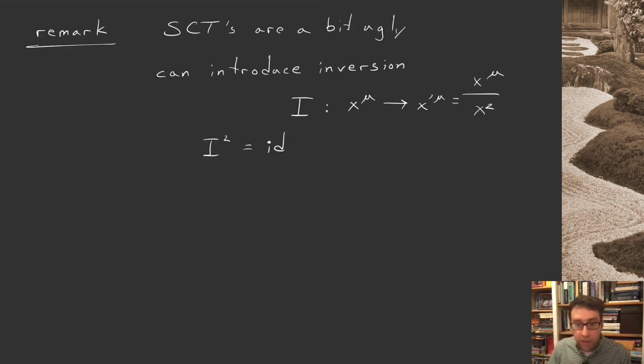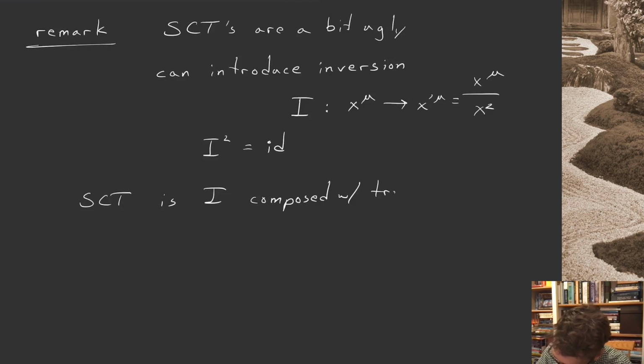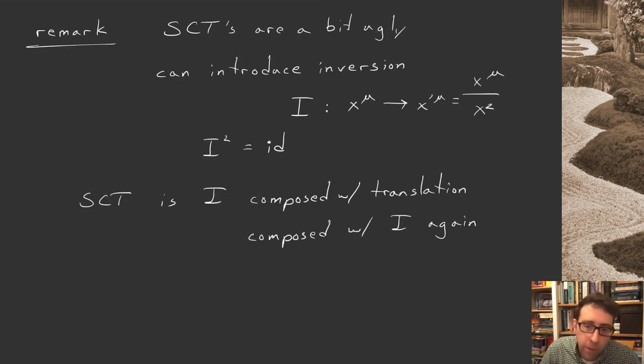So you don't get anything new after you apply it once. And these special conformal transformations can be written a bit more simply: it's I composed with translation, composed with inversion again. So that's a slightly nicer way to think about special conformal transformations sometimes.